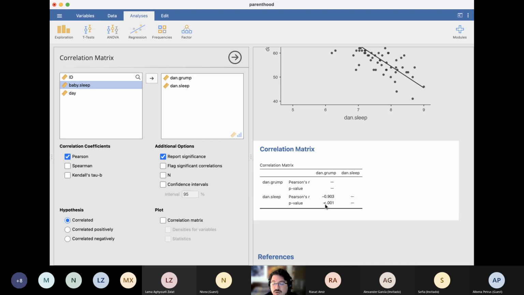There are two things that one should consider when doing any type of statistical test: one, what is statistically significant, and two, what is relevant. If this Pearson's R was 0.1, the p-value could also be very low, saying that the correlation exists, but maybe because it's so weak, you don't care.